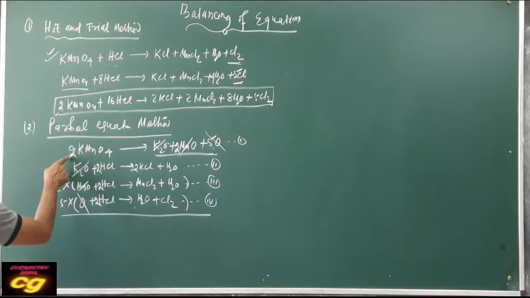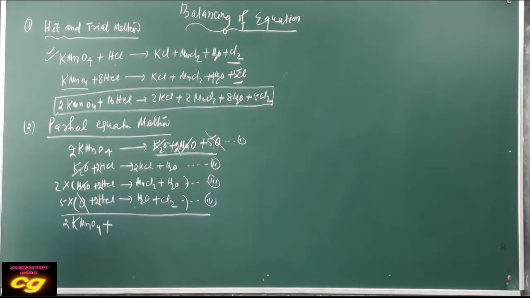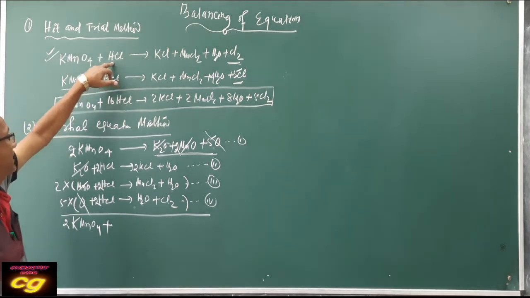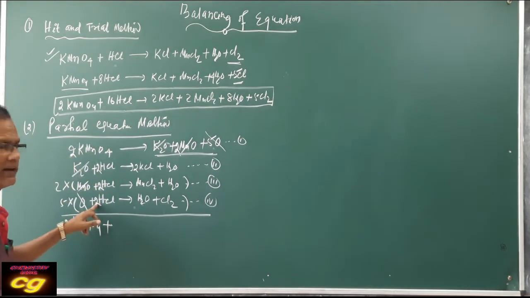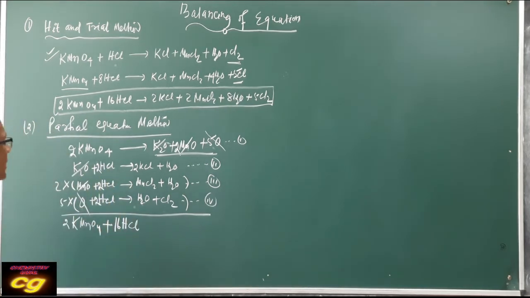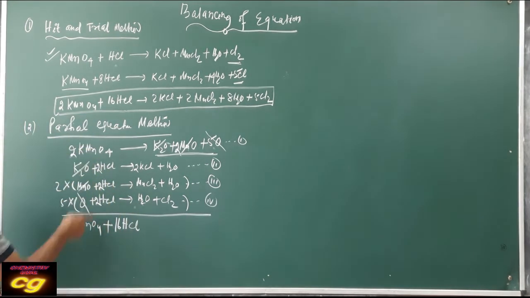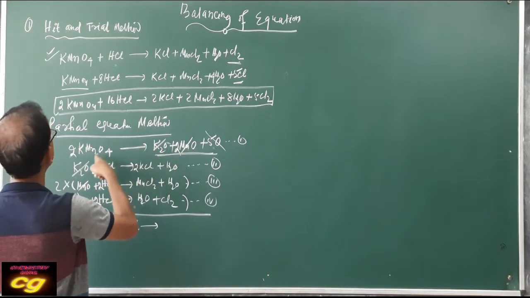What is the remaining? 2 KMnO4 plus, what is the reactant, HCl? How many HCl? Here 2 HCl, here 2 into 2, 4 HCl, that is 6 HCl, and this is your 10, that is 16 HCl. Again I am telling, just count all the HCl on the left side: 2 HCl, 4 HCl, 10 HCl, that is 16 HCl. This part is cancelled.